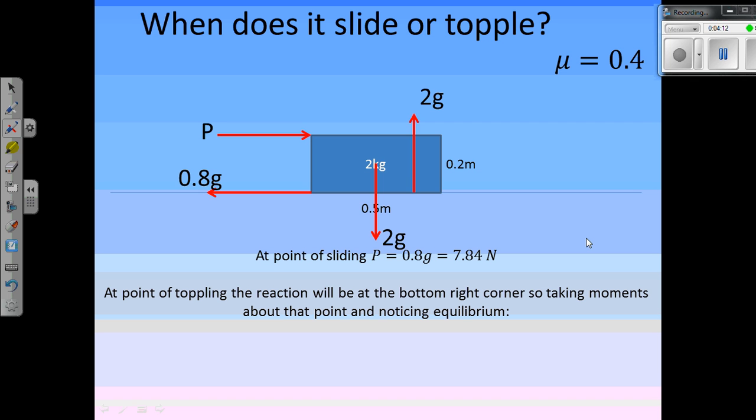Now, let's think about what happens when it topples, because sliding really is what we covered in chapter 1.